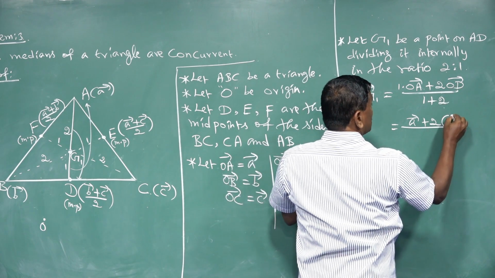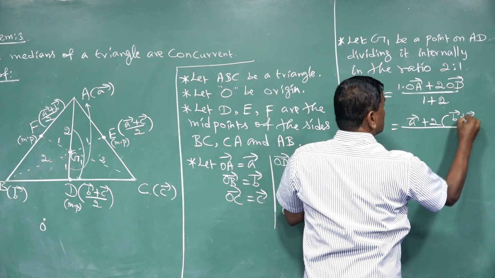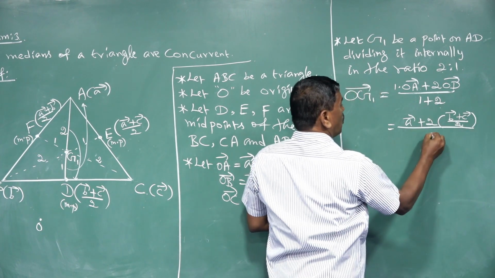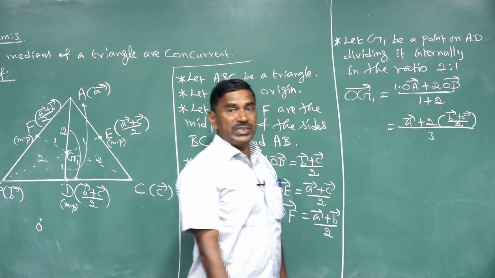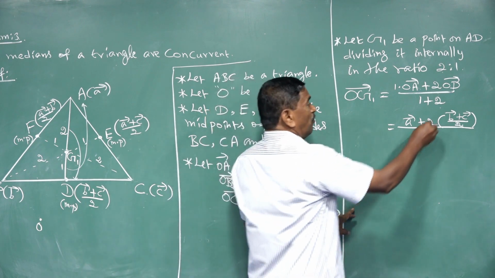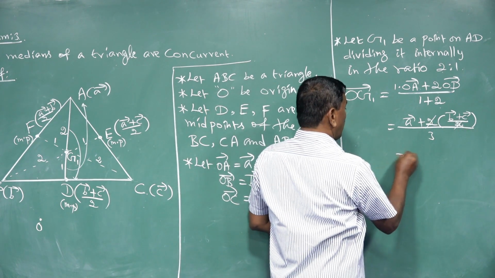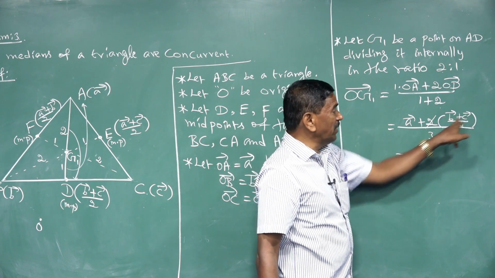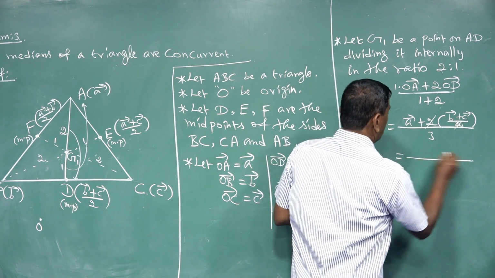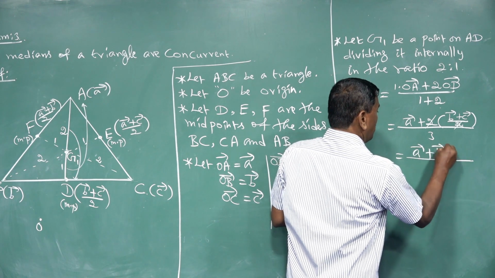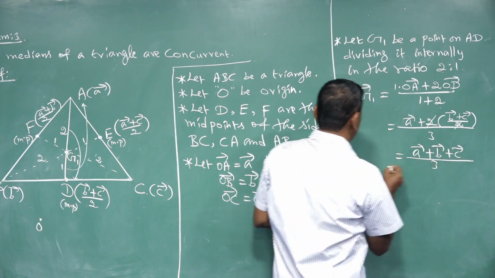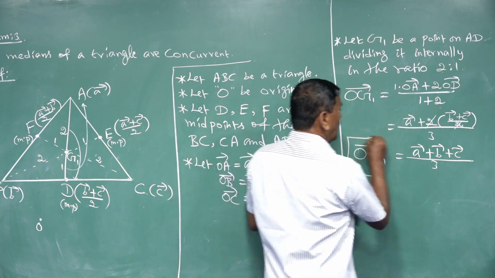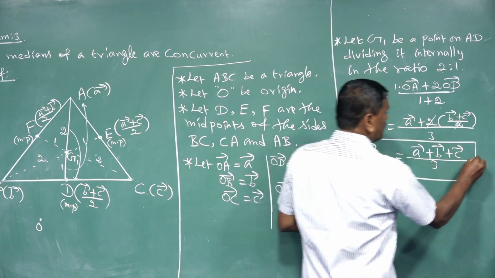Dividing by 1 plus 2 equal to 3, the 2 cancels. So your answer is A vector plus B vector plus C vector divided by 3, which is OG1 vector. Let it be the first equation.